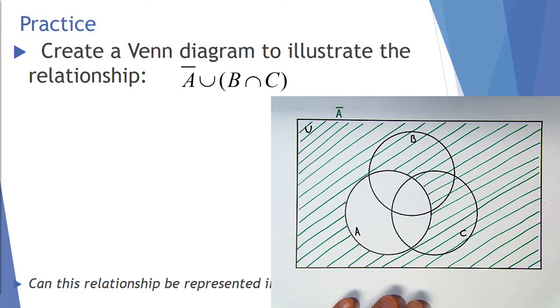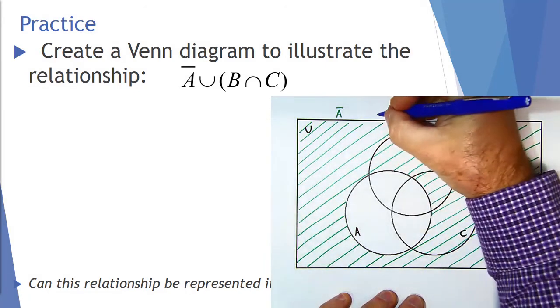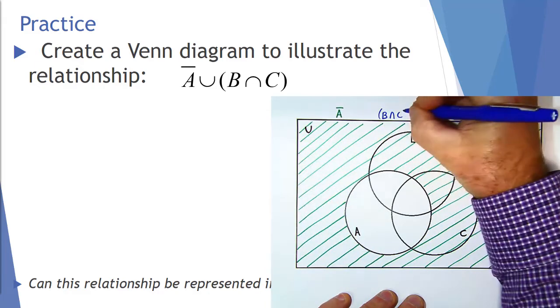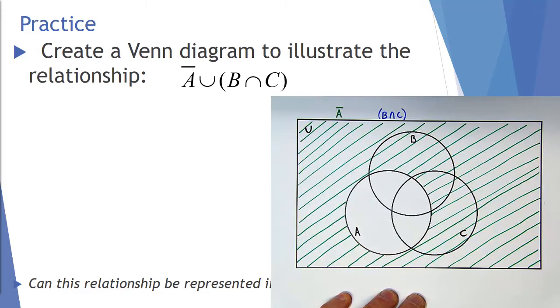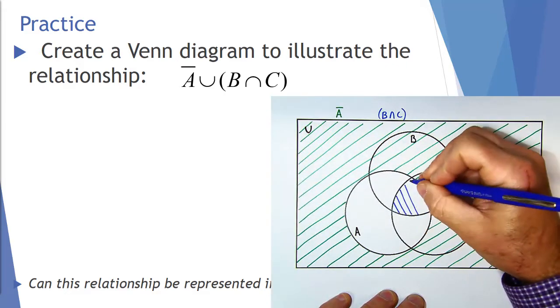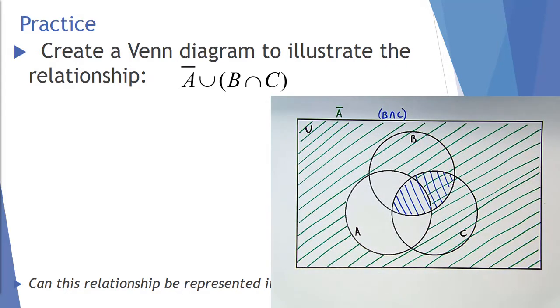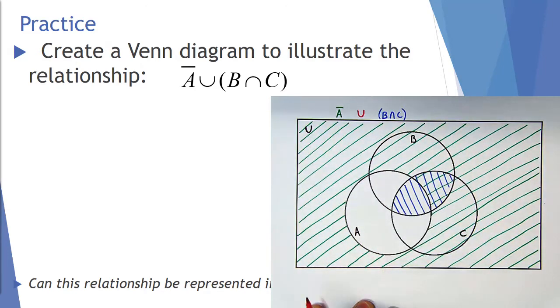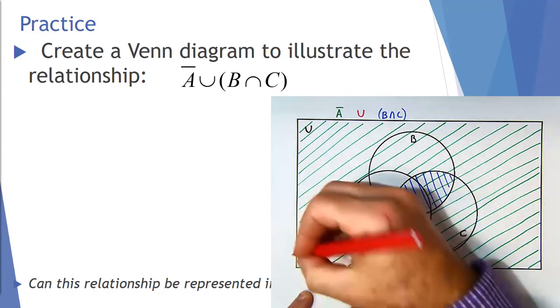Now we want to have a union of that region with the region defined by B intersect C, and so I'm going to shade B intersect C in blue. Now the union of these two will be the region that contains either green or blue. All the green region joined with the entire blue region.